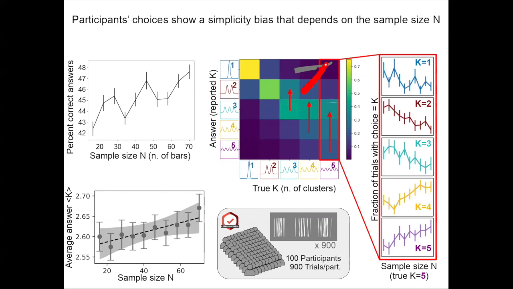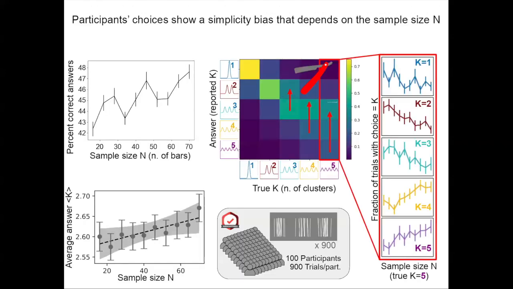You can dig down further and show, for instance, if you just consider the case where the true number of clusters was 5, that the fraction of trials where participants responded 4 goes up with the sample size, whereas the fraction of trials where participants reported a much lower number of clusters goes down. So again, this is all conceptually consistent.